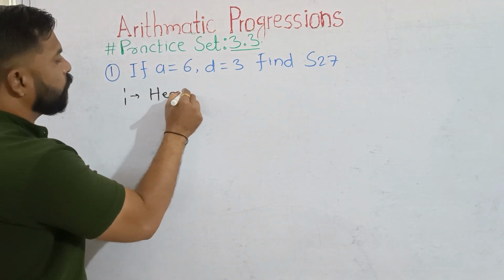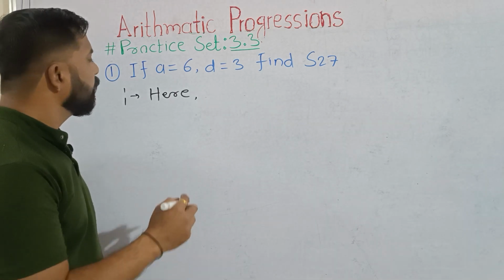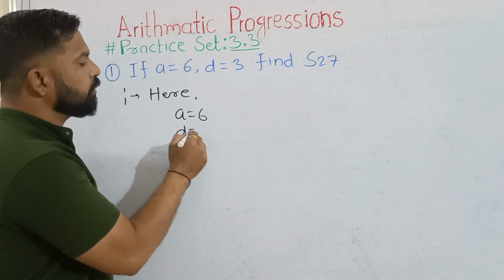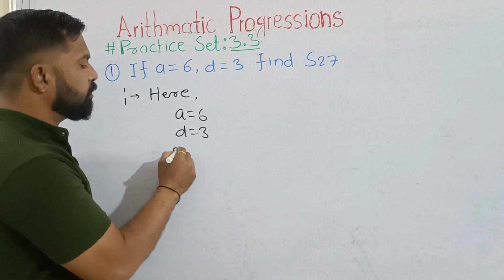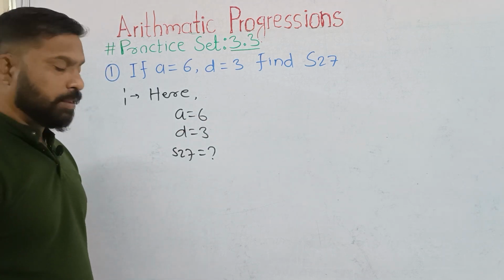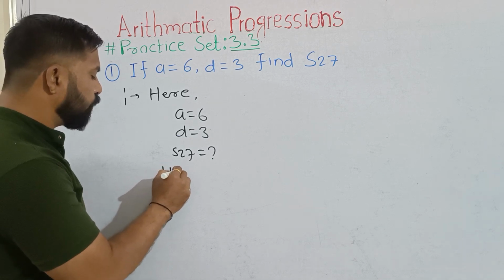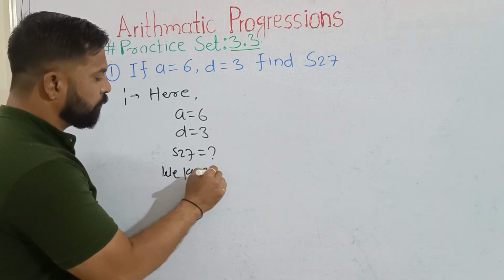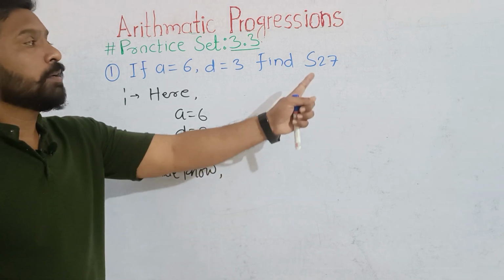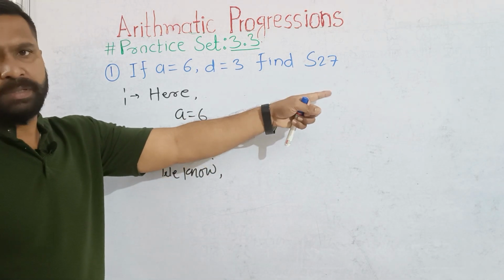Here we have a is equal to 6, d is equal to 3, S27 is equal to what? What do we know, will you tell me? What we want to find is the sum of 27 terms.